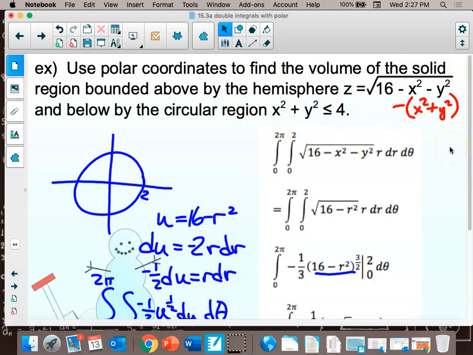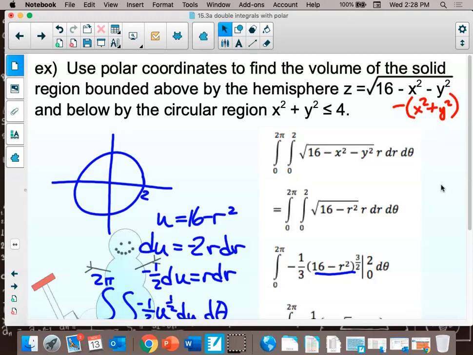That's kind of funky. So what shape are you actually getting? You're getting a cylinder with a dome on top. You're getting a part of a hemisphere, but cutting it off through a circle through the middle. Because the radius of the circle is 2, the radius of the sphere is 4.